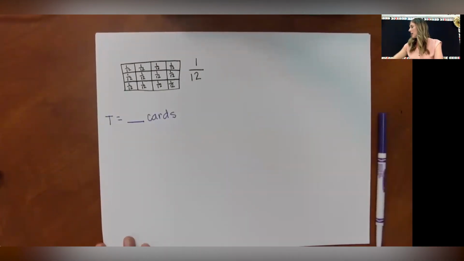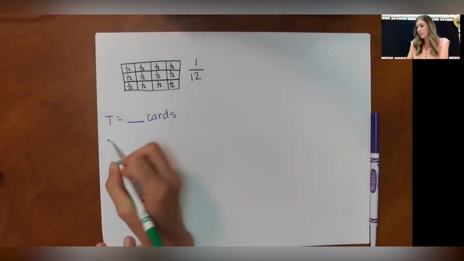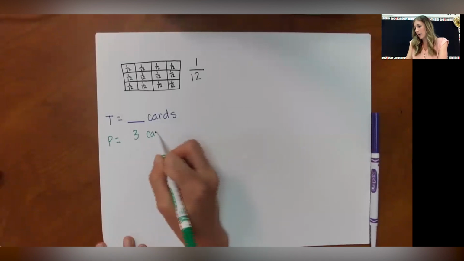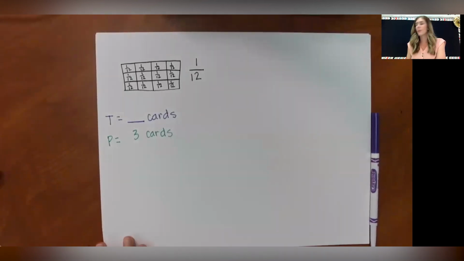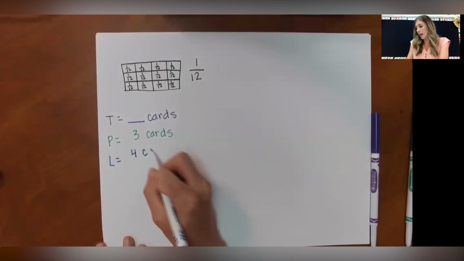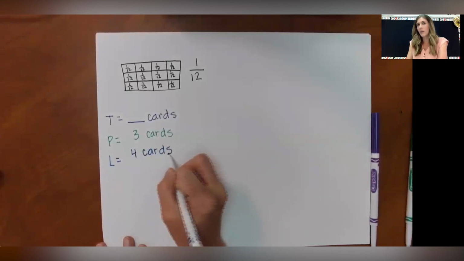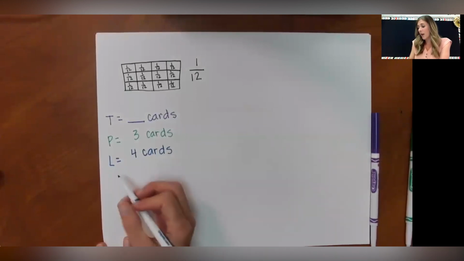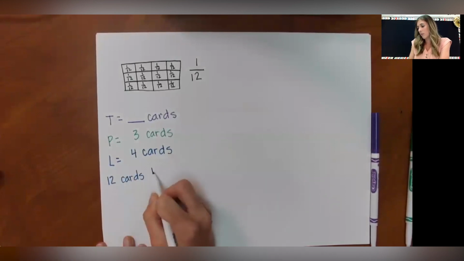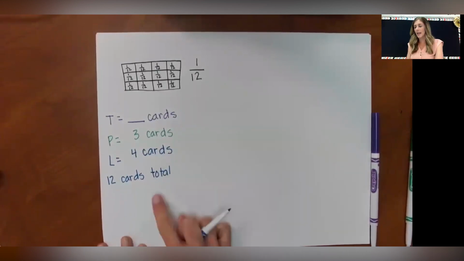It told us that Paco got 3 cards from the deck, and that Lynn got 4 cards from the deck. And we know that there were 12 cards total. Pulling out my information and organizing it here helps me as I think through this problem.